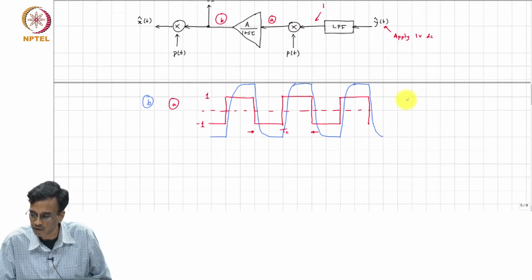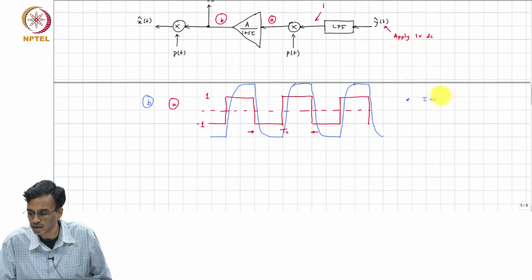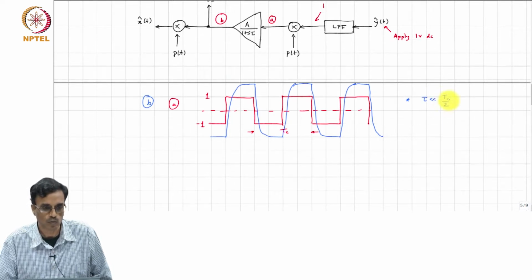So, the assumption is tau is much smaller than Tc by 2.